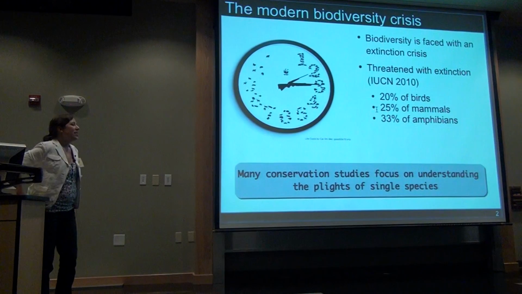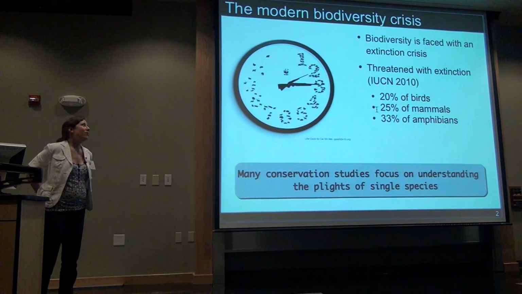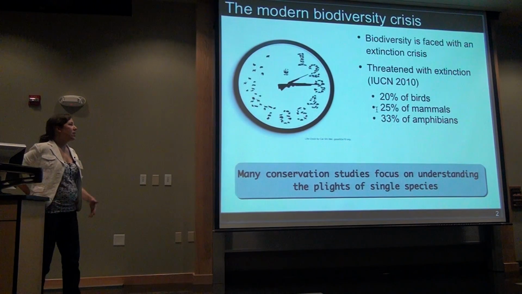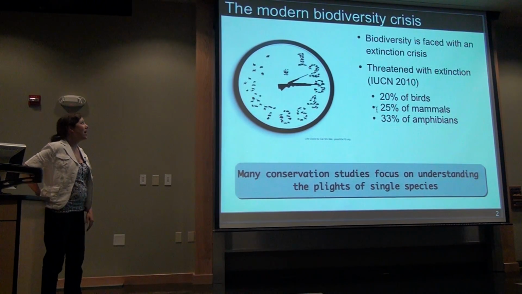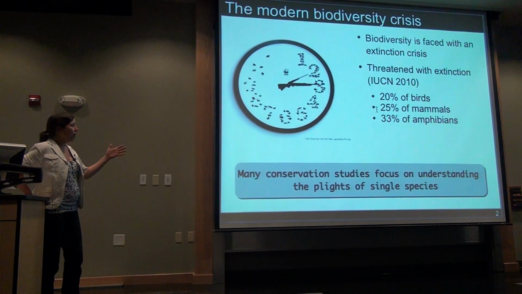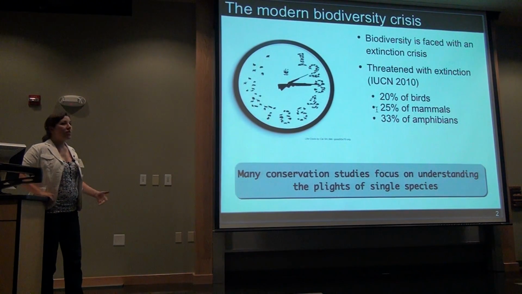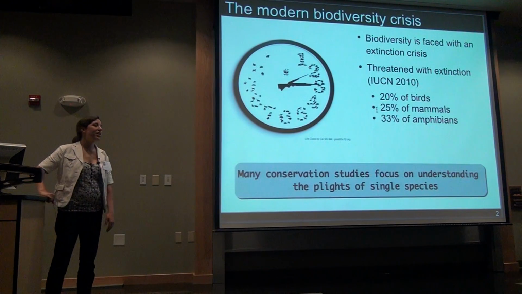So I'll introduce this with something that you're all aware of, that we are facing a biodiversity crisis. We've heard this mentioned in talks earlier today, that a large proportion of at least vertebrates and other taxa are threatened with extinction.